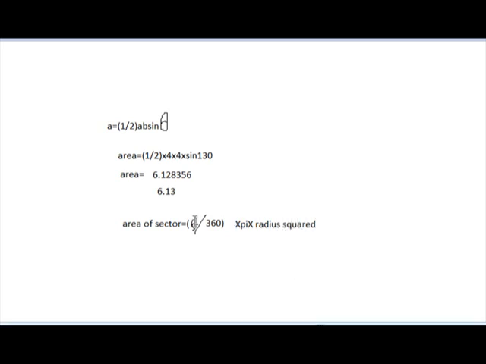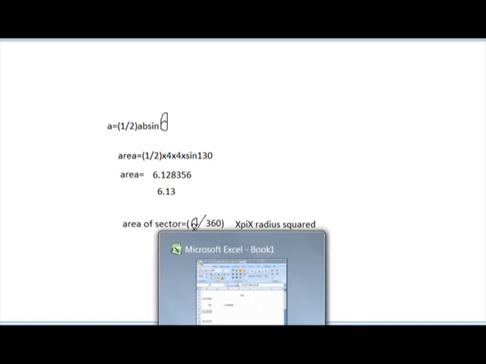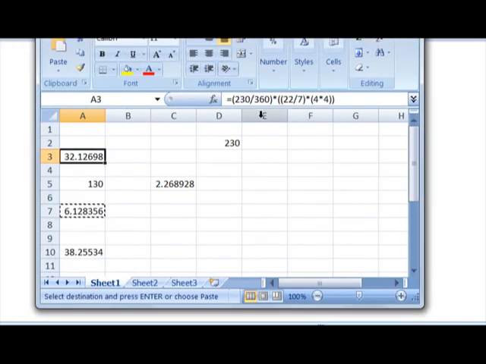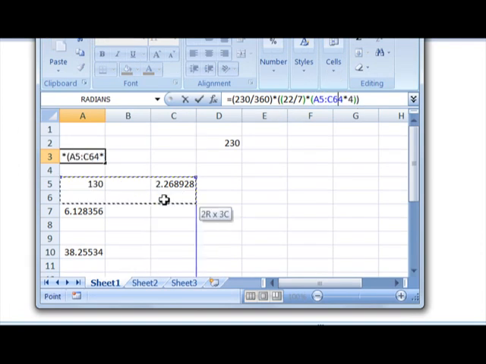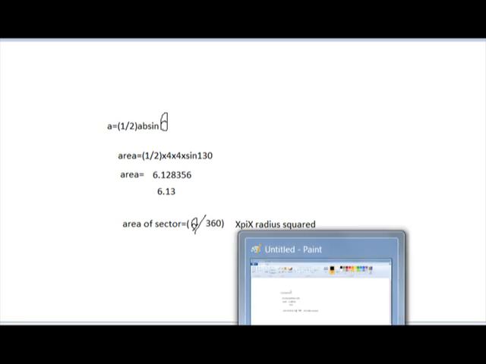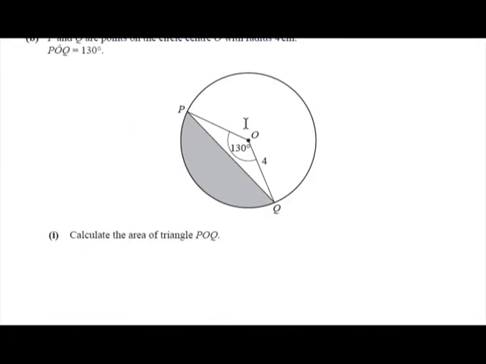Theta is the angle, divided by 360 times pi, which is 22/7, times radius squared. If we simplify that, which I've already worked out, it will be 230 divided by 360 times 22/7 times 4 times 4.